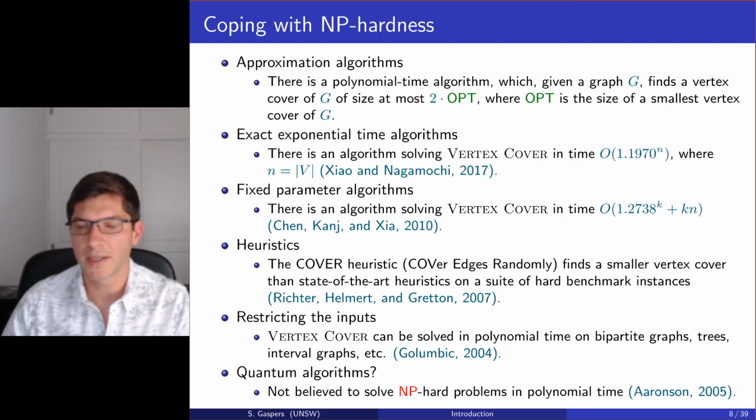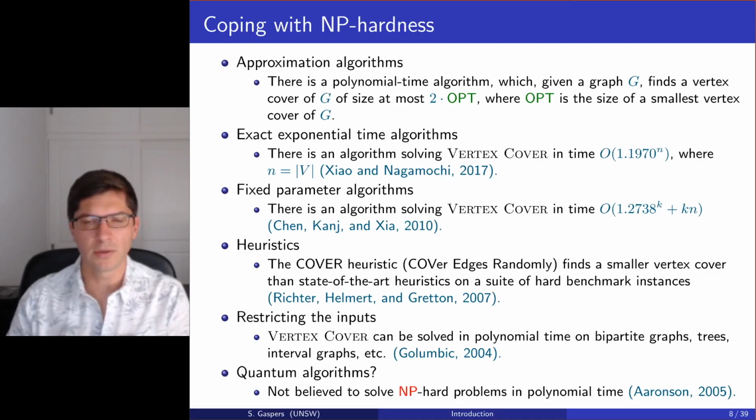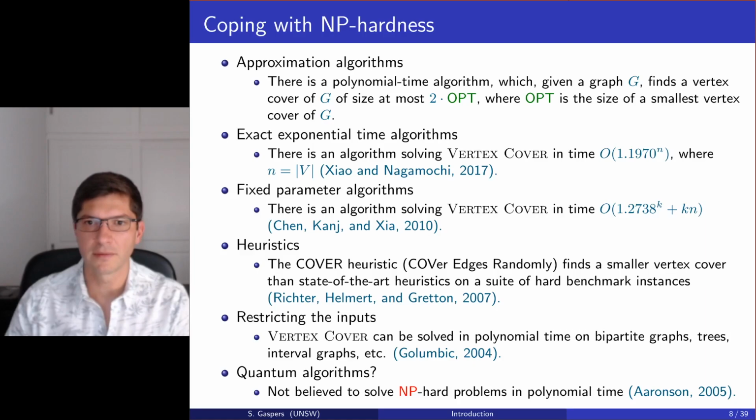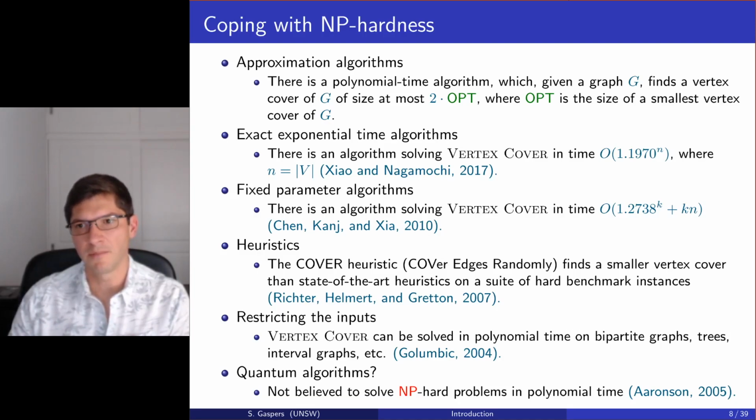We can, however, design an exponential time algorithm that's faster than brute force. So we don't want to try all the vertex subsets or all the size 4 vertex subsets. For vertex cover, there is actually an algorithm that runs in time 1.1970 to the n. That's exponential, but it's moderately exponential.